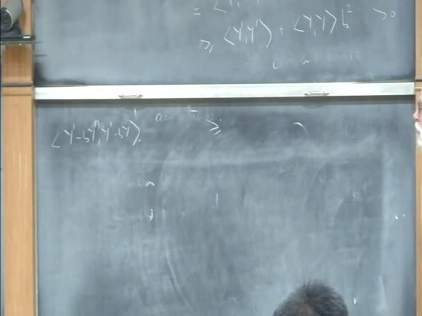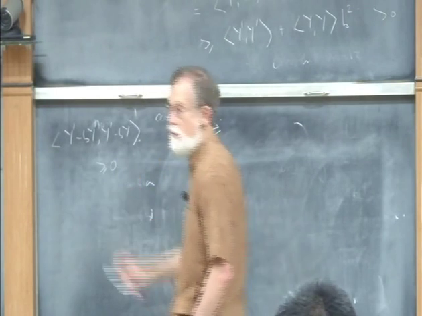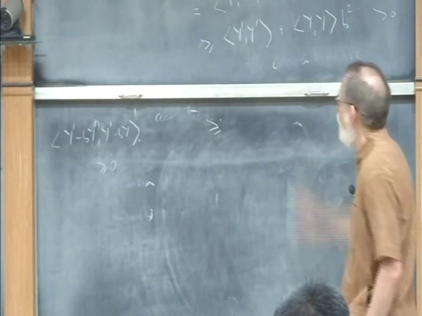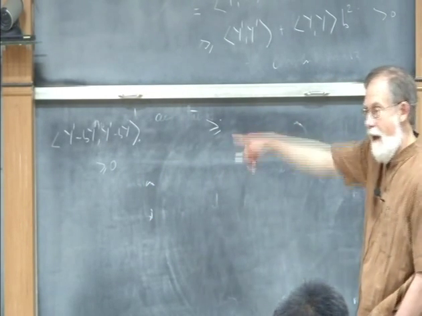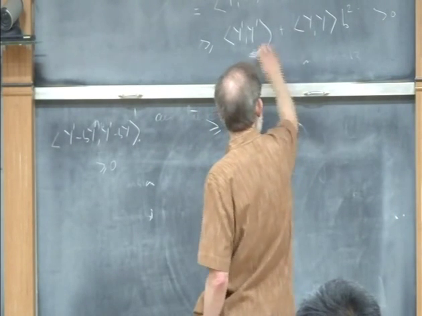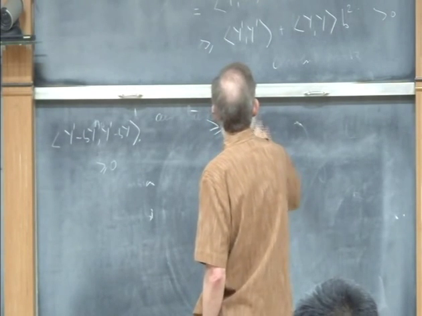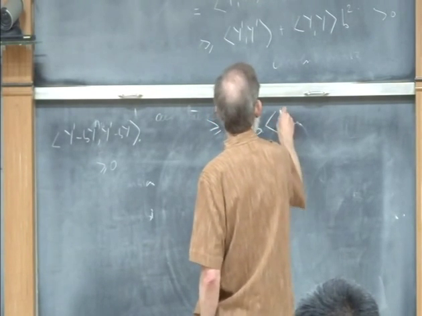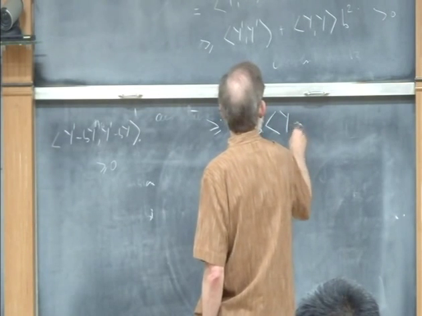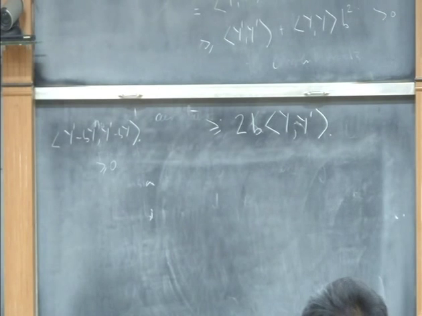Yes, I want to think about that inner product, which of course is greater than or equal to zero. And so thinking about that, this fact will tell me that what we've got here is greater than or equal to twice 2b times y with y prime. I think I've got that right.